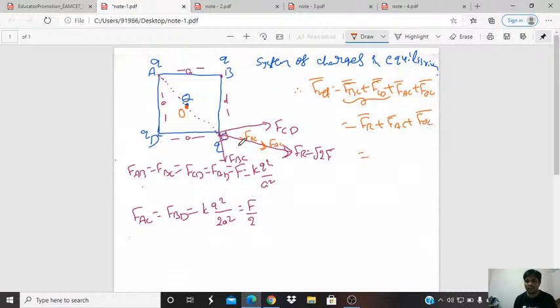All are in the same line, so the net magnitude we can take directly as FR plus FAC plus FOC. This net force is 0 because it is in equilibrium, right? So FR plus FAC plus FOC equals 0.